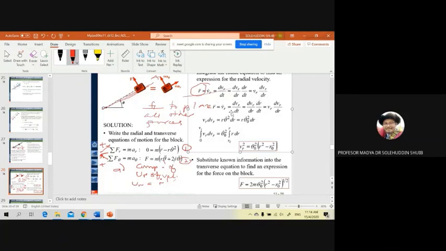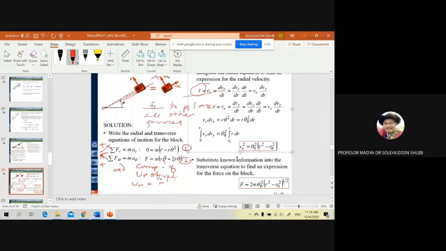And then you substitute here, you get V_r dV_r, and then you proceed again to write in terms of dV_r equal to r theta dot square dr. Then you integrate both sides: V_r dV_r integrated from 0 to V_r equals theta dot square times r dr integrated from r0 to r.